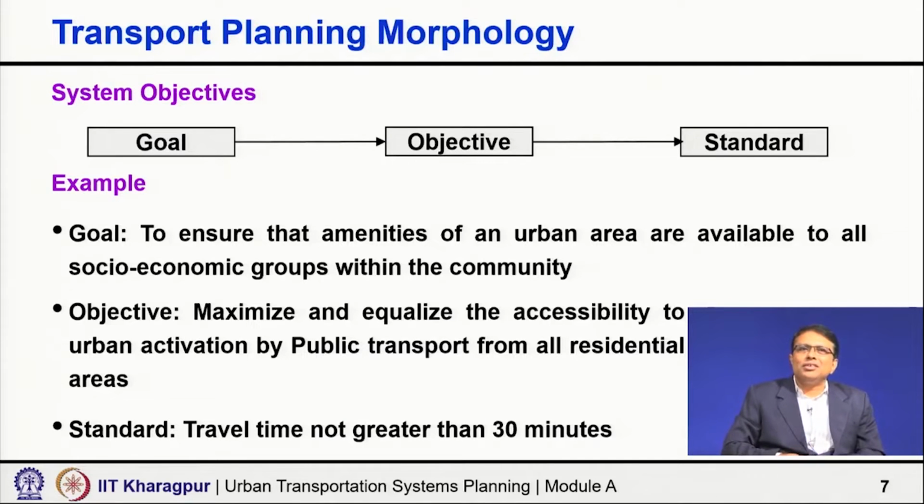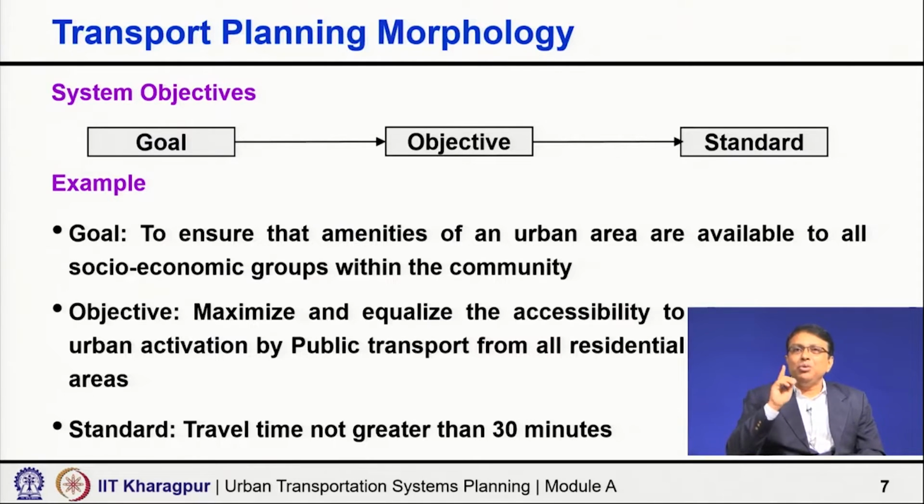So, I can say the travel time not greater than 30 minutes, right, perfectly, you have a measurement now, right. So, you know that from any point to any point in the city, I should be able to travel by public transport system in not more than 30 minutes, fine. So, that is the goal, corresponding objective, corresponding standard.